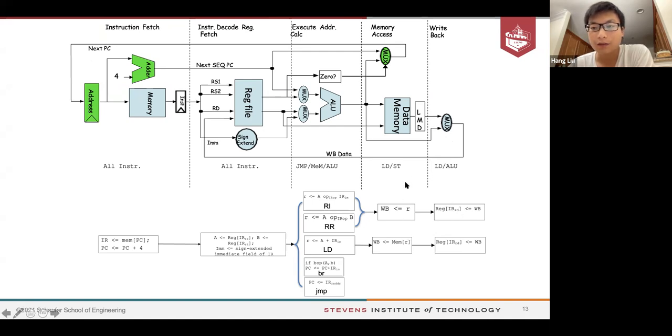Similarly, for memory access, you also do that. You basically write from the write back register of the 5-stage pipeline to the general purpose register. Okay.